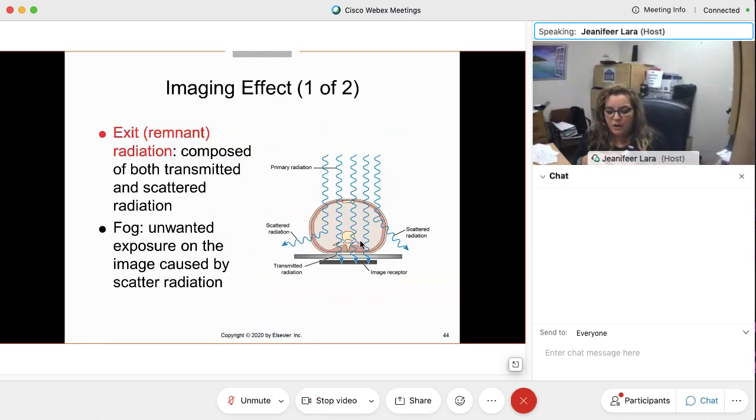So when we're thinking about our remnant radiation or exit radiation, we know that we started out from the source. We had a primary beam, interacted with matter in different forms, right? The remnant radiation, which is composed of what? Ruth, what does it say?